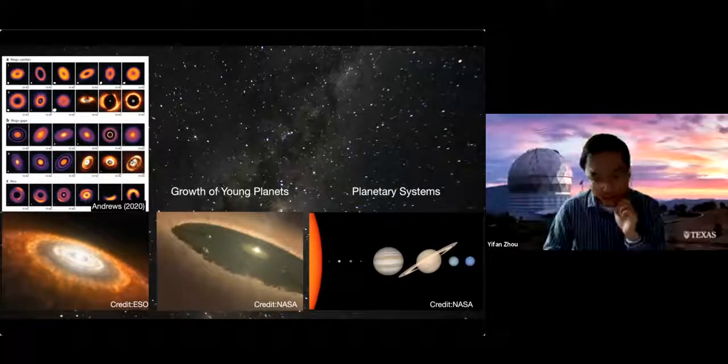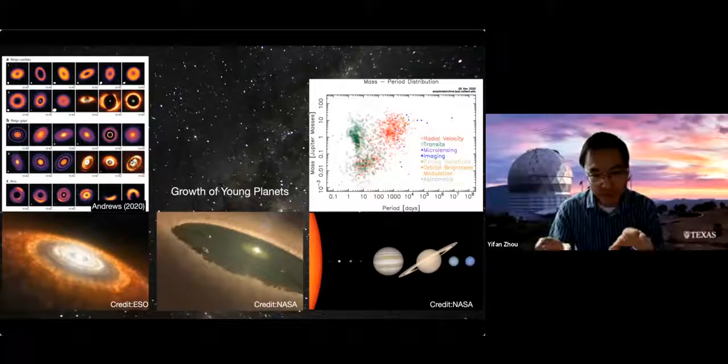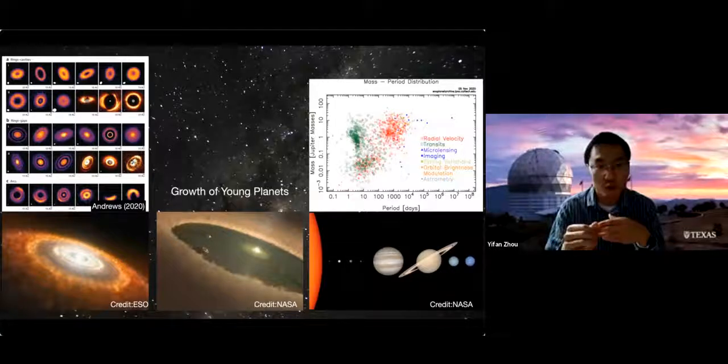And at the end phase of planet formation, the evolution, we have discovered a lot of mature exoplanetary systems thanks to multiple methods, mostly radial velocity and transit. This large number of exoplanets, today more than 4,000 of them, gives us the opportunity to characterize their atmospheres and orbital configurations.